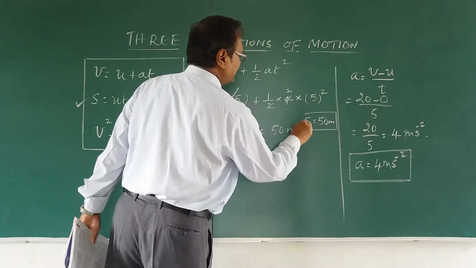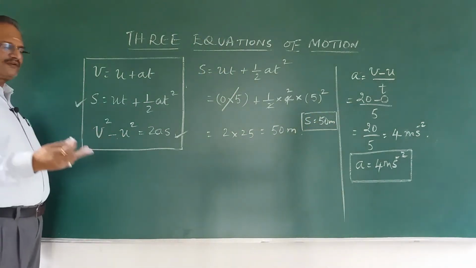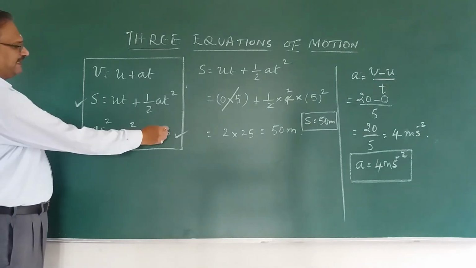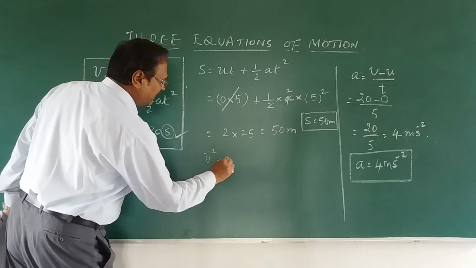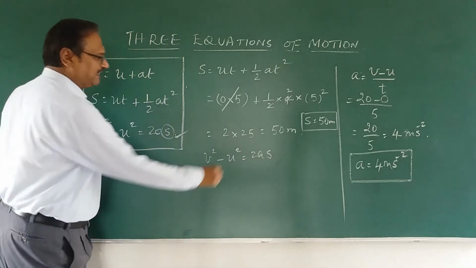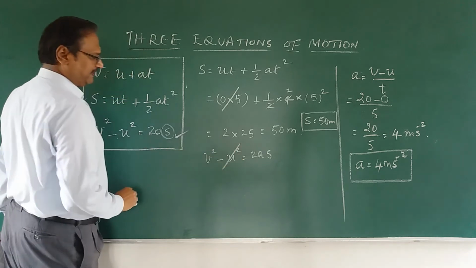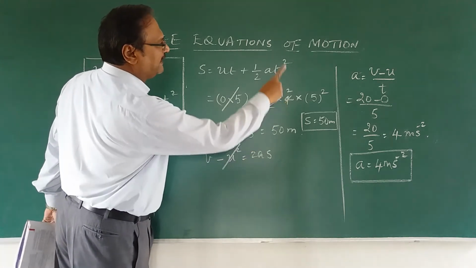I got the answer. Sir, why don't we use the other formula and try? Of course, you can try because all the data is there except s. v square minus u square is equal to 2as. Initial velocity is 0, cut it. So v square, what is the final velocity? That is 20.